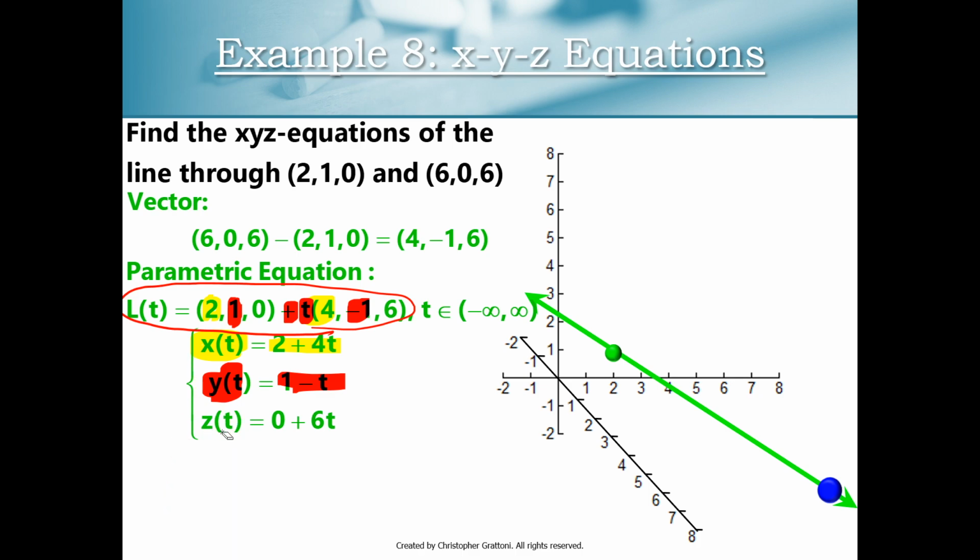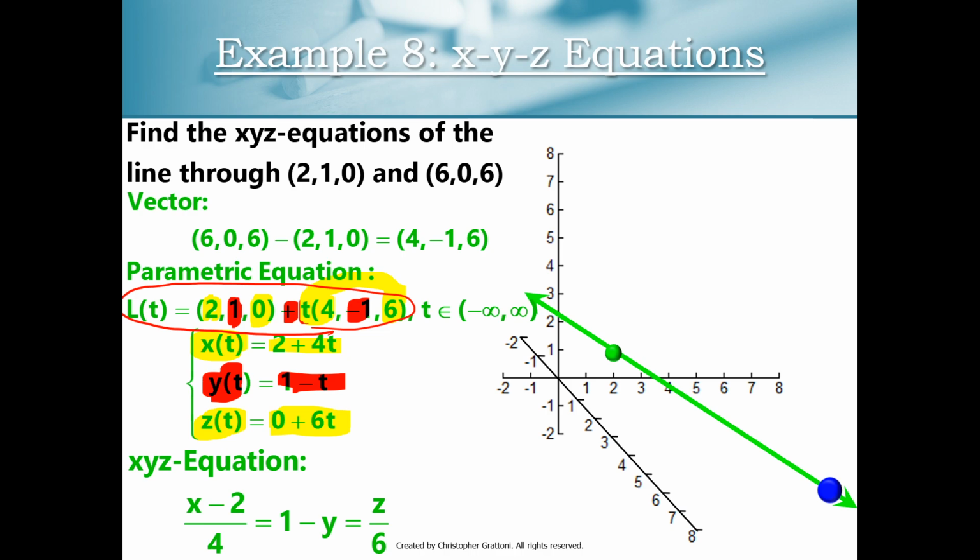I already used it once, but it works. So for my z of t, that's going to be my z coordinate of 0 plus t times this z coordinate of 6, so 0 plus 6t. So if you ever want to thread out your L of t into 3 separate equations for 3-dimensional space, one equation for each of your coordinates, that's not too difficult to do.